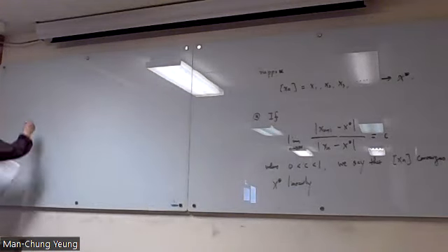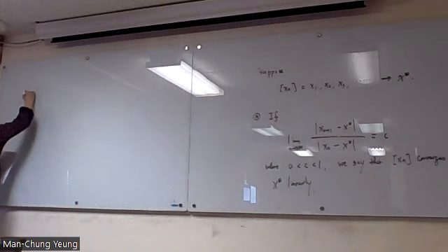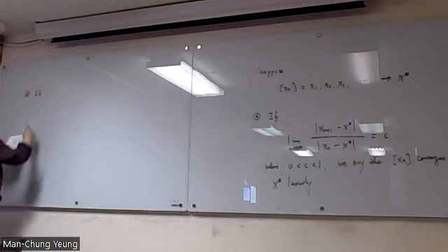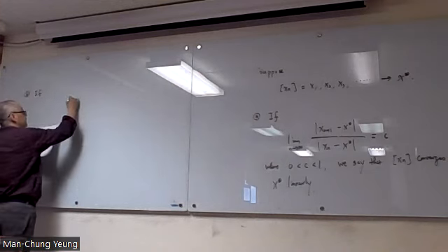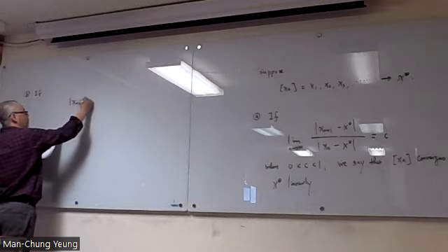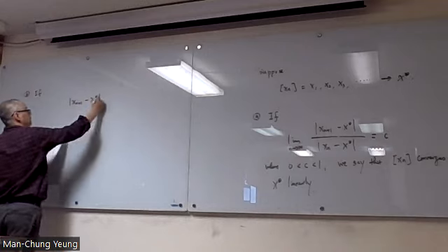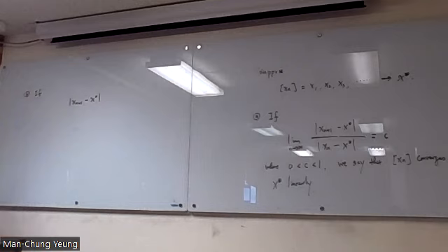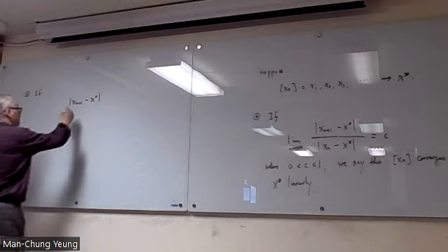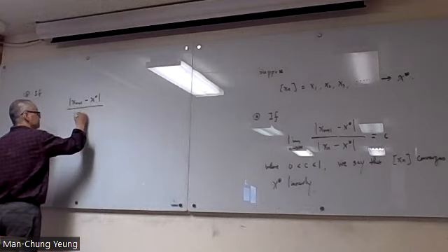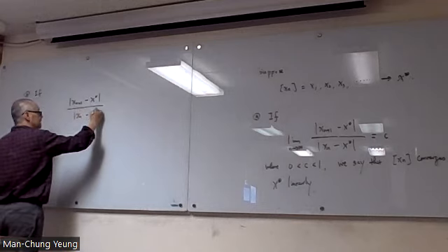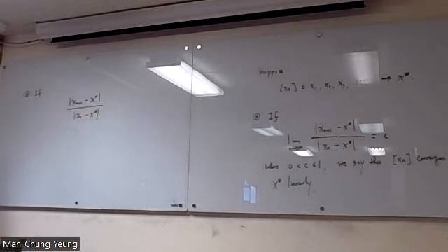B. If this limit, |x_{n+1} minus x star|, I call x_{n+1} the current term, the distance to x star, over the previous term's distance from x star, then compute the limit.